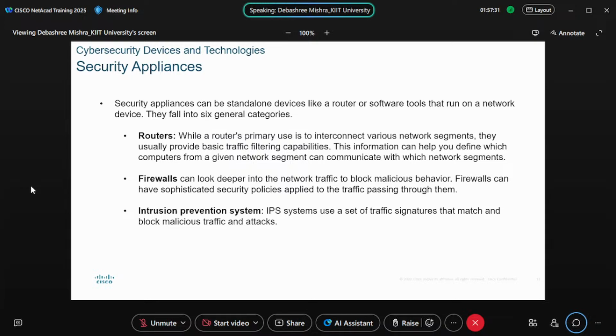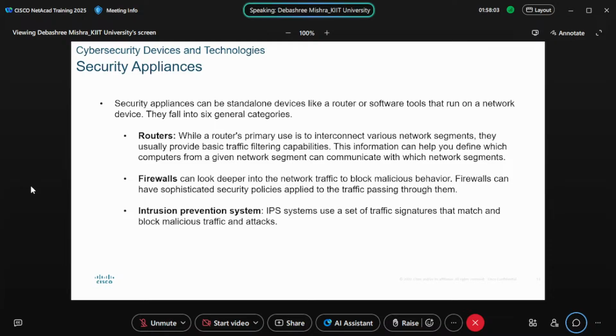First is your router. When you are using your router, primarily you need to check your interconnected network segments and have basic information about the traffic filtering capabilities. This information helps define which computer from a given network segment can communicate with which other network.